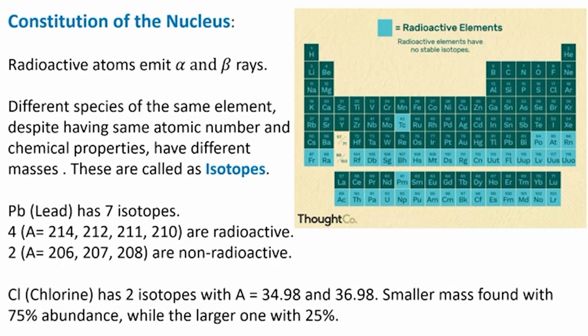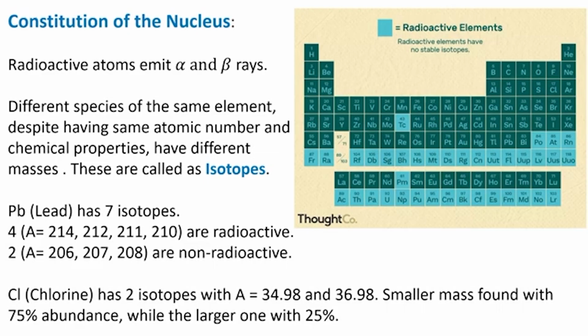And chlorine has 2 isotopes with mass numbers 34.98 and 36.98, and the smaller mass is found with a much larger abundance, which is 75% and a little more than that, while the larger one, 36.98, is found with 25% abundance.